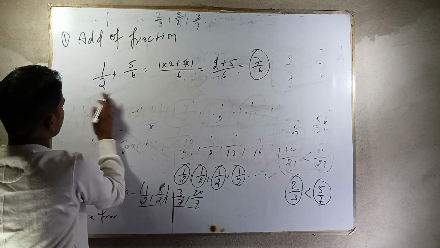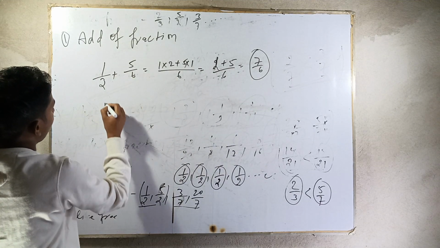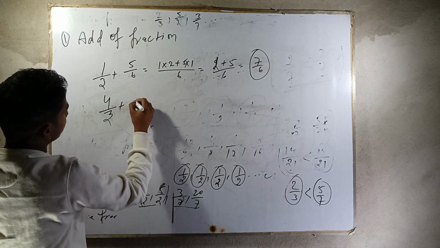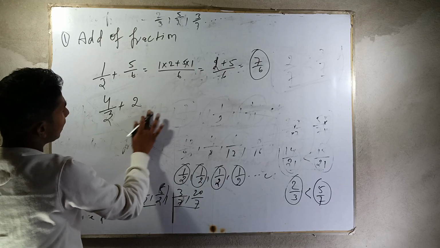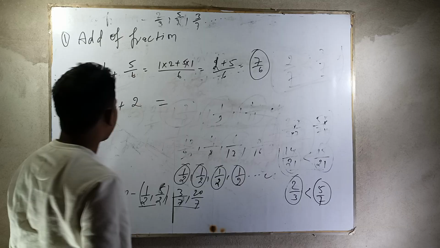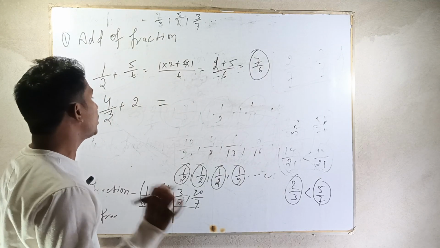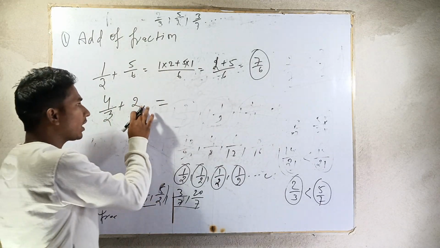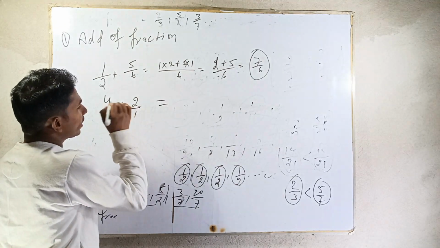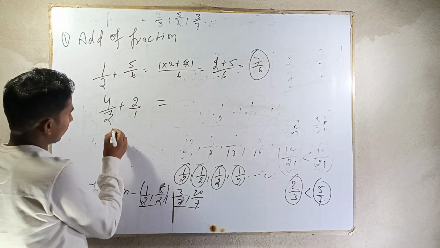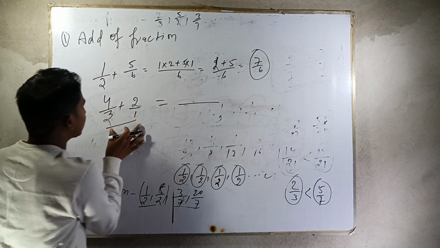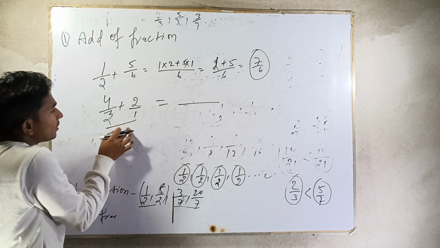Another example: if I have 4 by 3 plus 2, then how do I add? In this case, 2 has no denominator, so I suppose 1 is the denominator of 2. Then I take the LCM of 3 and 1.